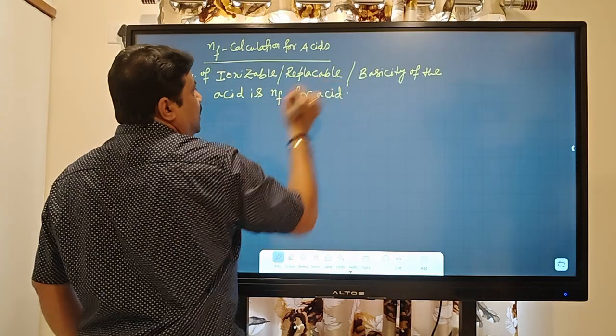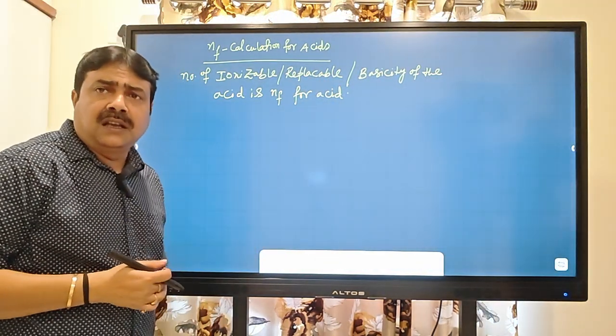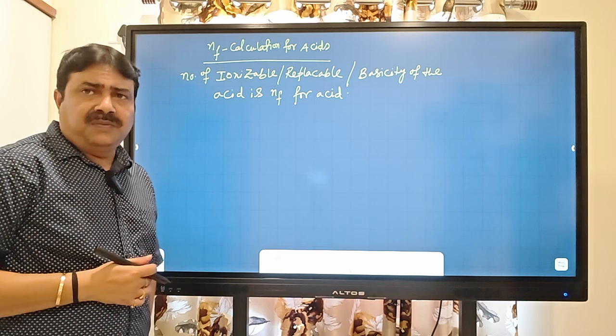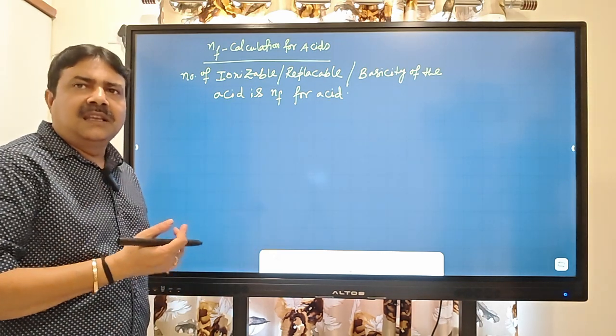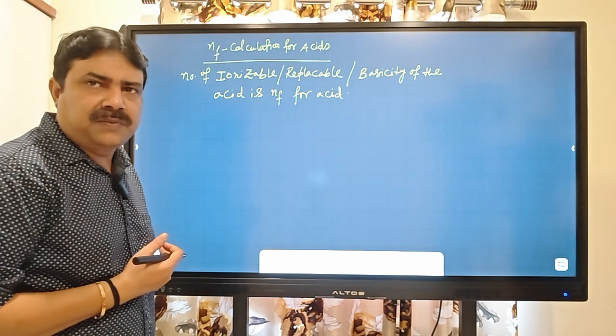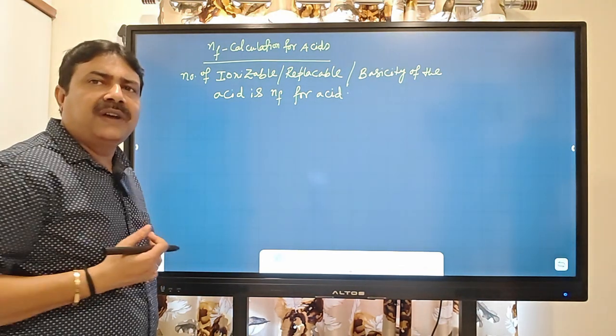So how many ionizable H plus are there, or how many replaceable H plus are there, or what is the basicity? Basicity means how many units of H plus from the corresponding acid species one unit of base, one unit of OH minus, can take, which is nothing but the n factor.